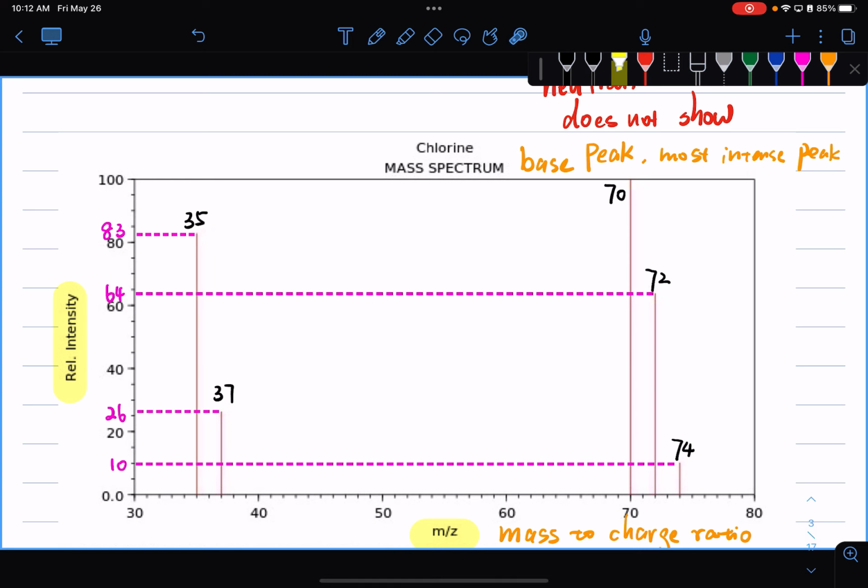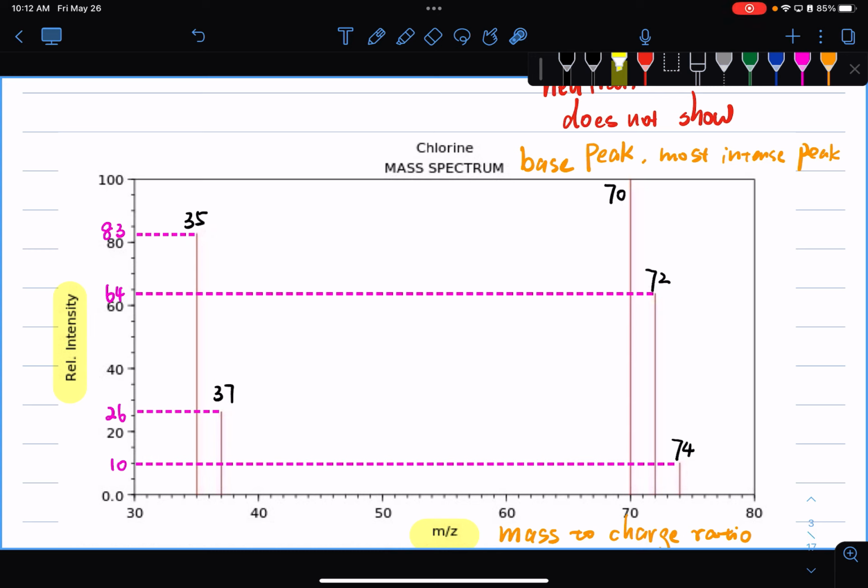So in our example here, the base peak is at m/z 70. The largest peak is defined to be the most intense peak, and everything else is relative to that base peak. So relative to this base peak, we have 83 of the signal at m/z equals 35, etc.